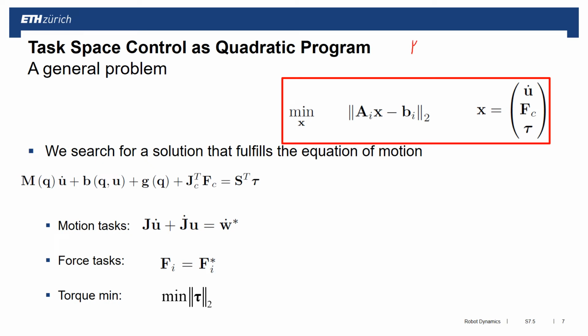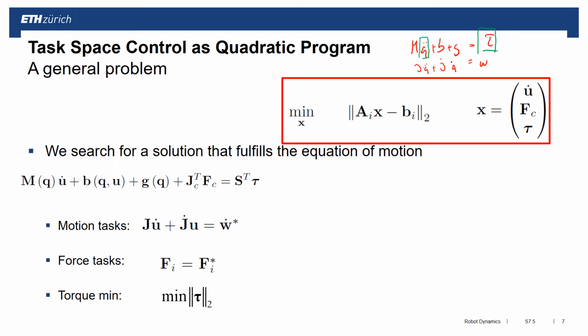We said M q double dot plus b plus g equals tau, and we had a number of tasks, J times q double dot plus J dot q dot equals a certain task space velocity, and we wrote this as an optimization problem in two parameters, namely in q double dot and in tau.